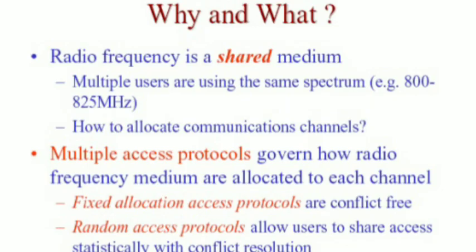Next, why and what we are doing with multiple access techniques. The radio frequency is a shared medium. The multiple users are using the same spectrum. As the spectrum is limited, sharing is required to increase the capacity of a cell or over a geographical area by allowing the available bandwidth to be used at the same time by different users.